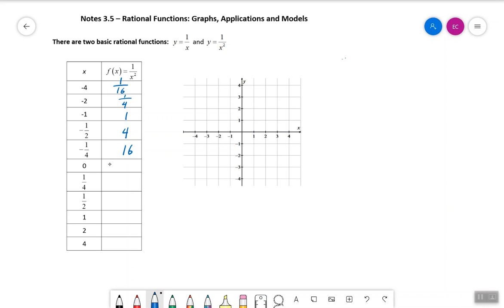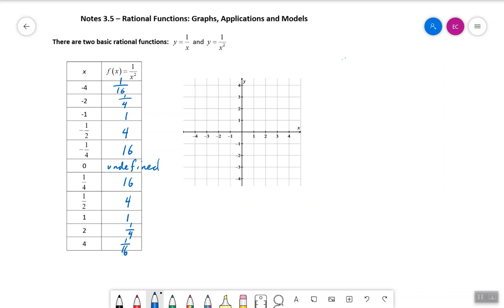When the input is 0, the output is undefined. 0 is not in the domain of the function because we can't divide by 0. If you put 1/4 into the function, you get 16, and then 4, and then 1, and then 1/4, and then 1/16.